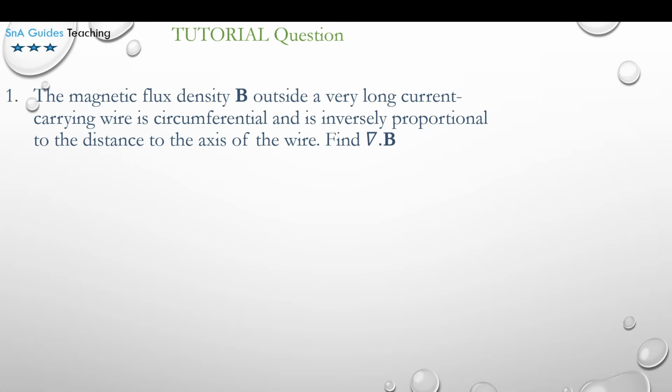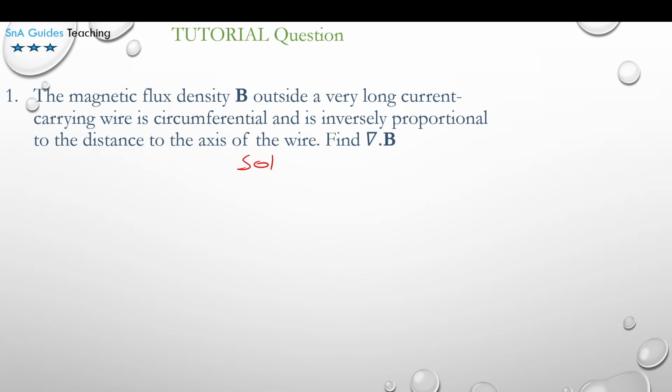So let's try this tutorial question. The question is saying a magnetic flux density B outside a very long current carrying wire is circumferential and is inversely proportional to the distance to the axis of the wire.